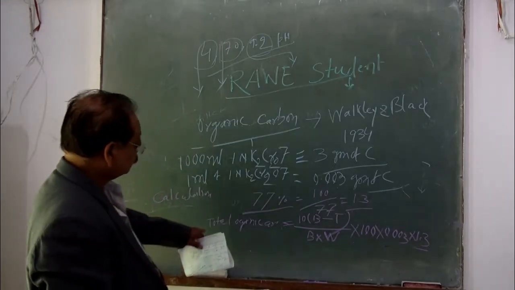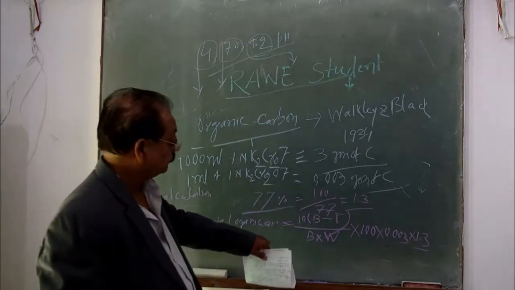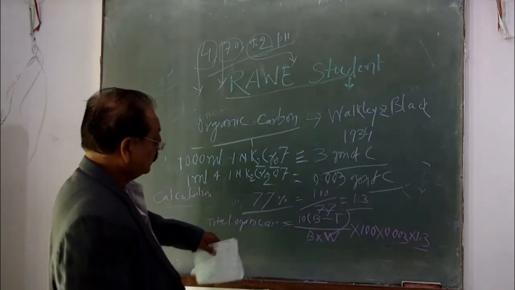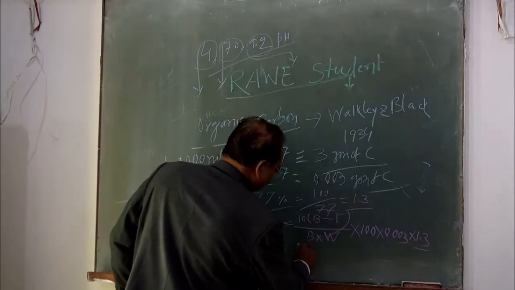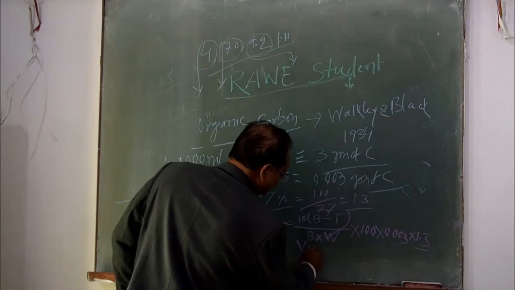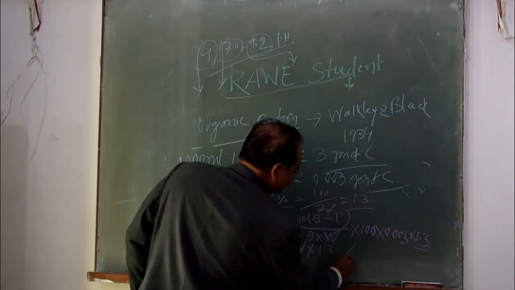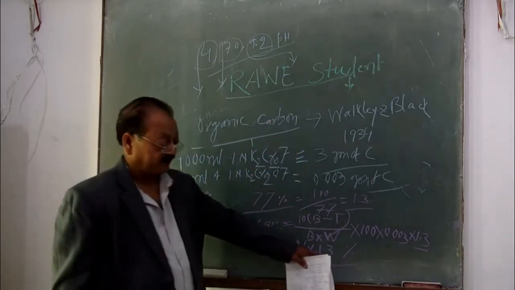So this is the total organic carbon content of your soil samples. 1.3 is the factor.